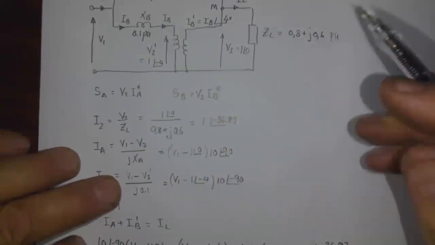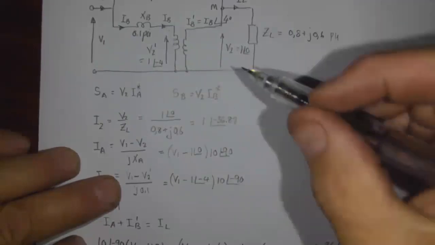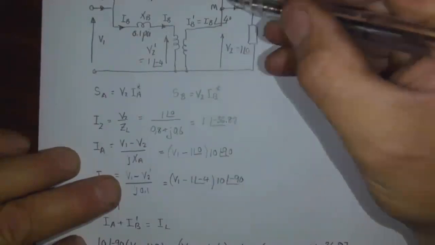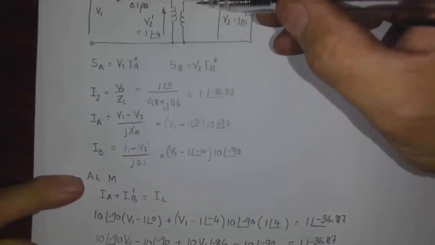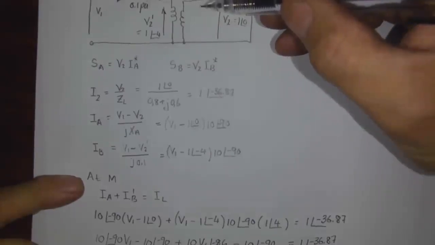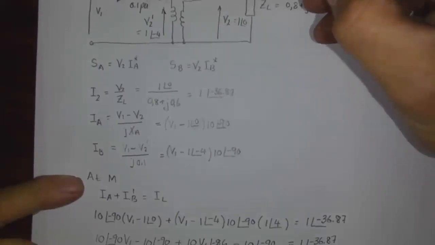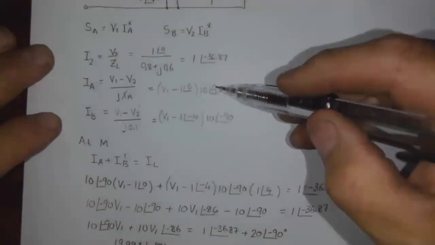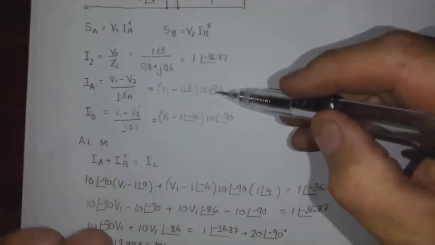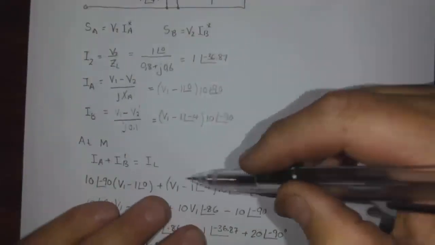Have you got that? Now, if we look at point M and we apply Kirchhoff's current law, then IA plus IB dash is equal to I load. So we said that IA is V1 minus 1 angle 0 times 10 angle minus 90, which is that one.